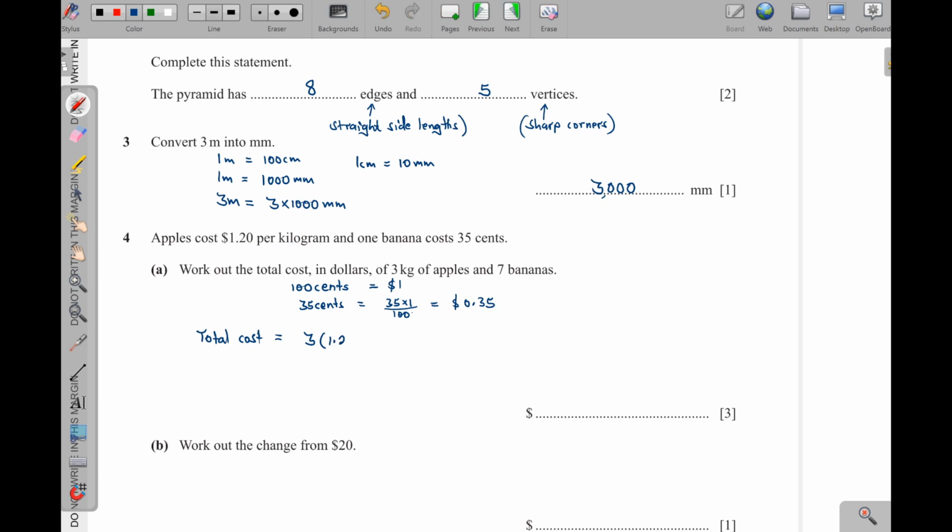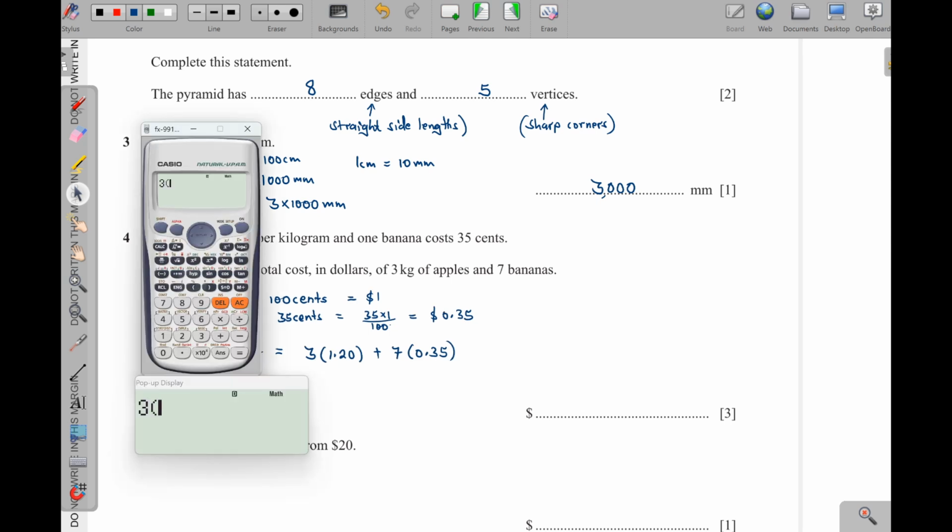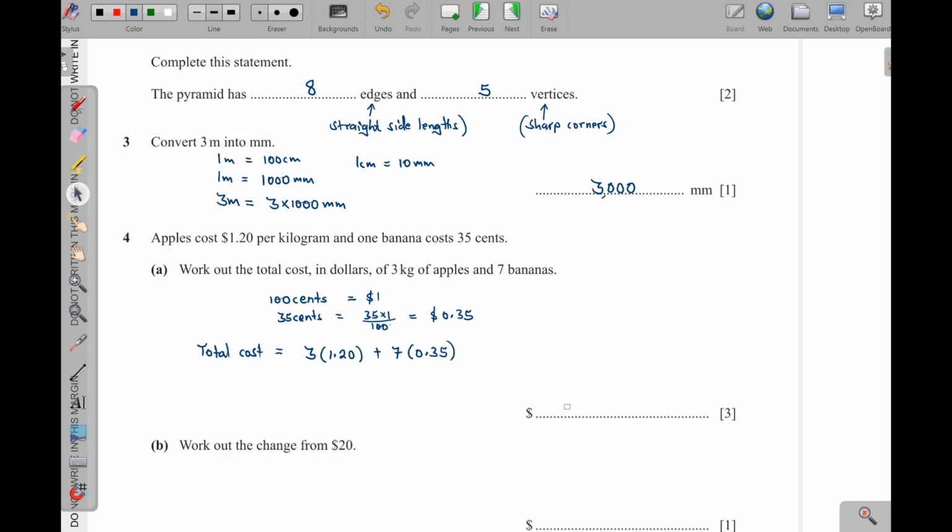So this is 1.20, and then plus 7, but the cost of each banana is 35 cents, which is the same as 0.35. You see that? And then when we put this one in the calculator, we can get the whole answer right away. Okay, 3 into 1.2, then plus 7 into 0.35. This one then is going to give us 6.05.